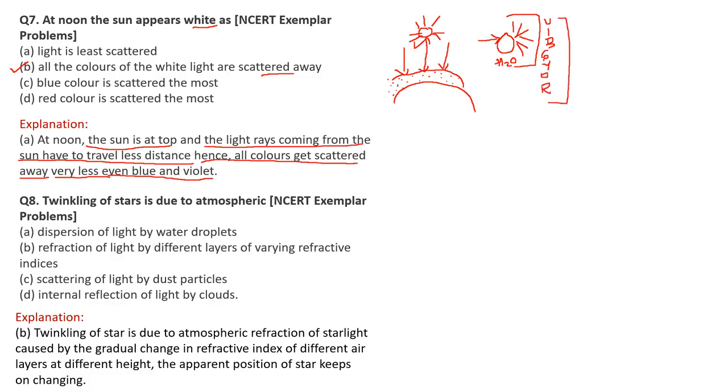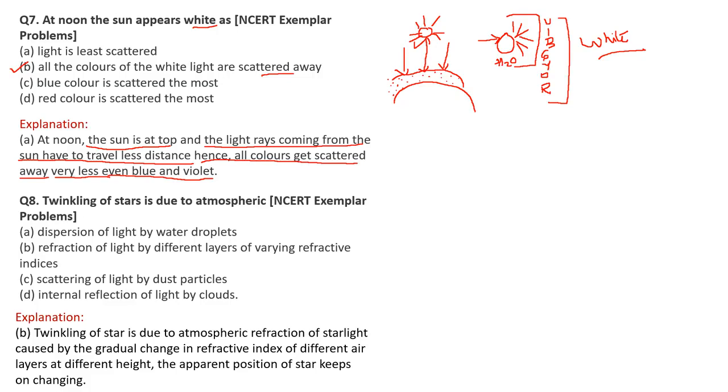When they get scattered, definitely the arrangement is forming a white color. So ultimately you are getting a white color. Because all the light gets scattered away by the particles, we got white color. This is one of the reasons.